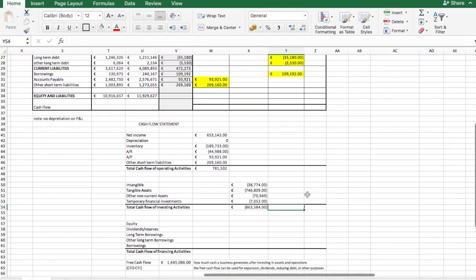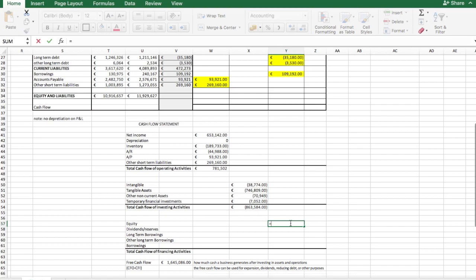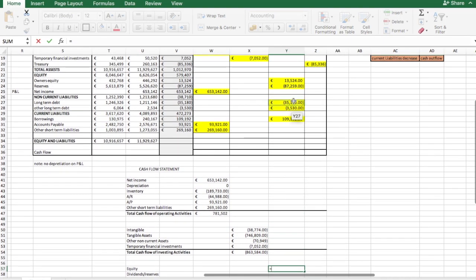And finally, we have the activities primarily related to changes in borrowings and owner's equity.